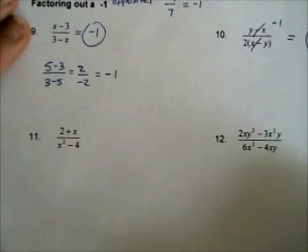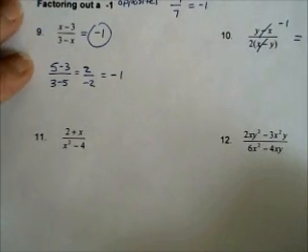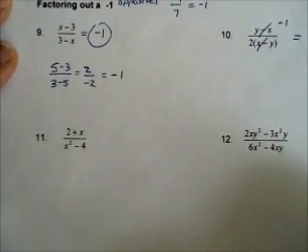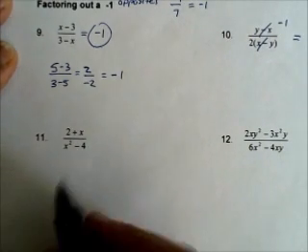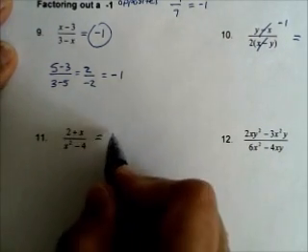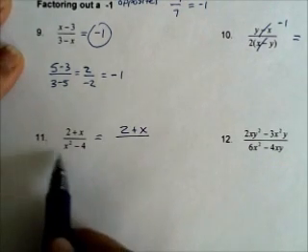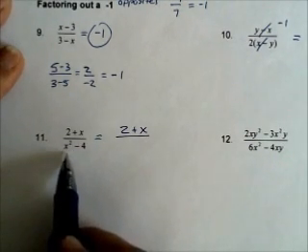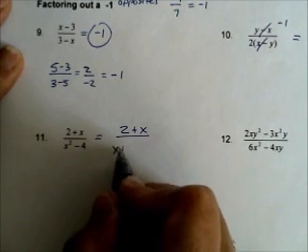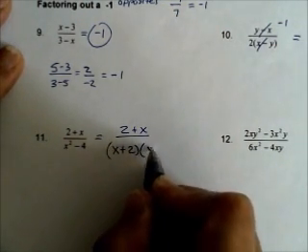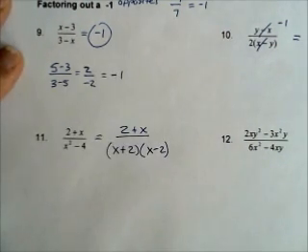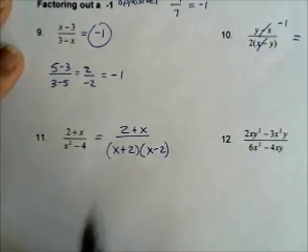Next, number 11, we have 2 plus x divided by x squared minus 4. Again, we're still looking to simplify this. There's nothing to do as far as factoring goes for the numerator, but for the denominator, this is the difference of two perfect squares, x plus 2 times x minus 2. Now, don't get tricked.